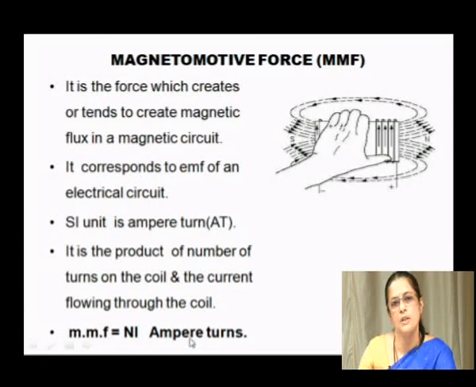Therefore, it is very simple to remember the unit of M.M.F is ampere turns. M.M.F equals N into I, and it is expressed in ampere turns. So, it is the force which is required to create magnetic flux in a magnetic circuit.